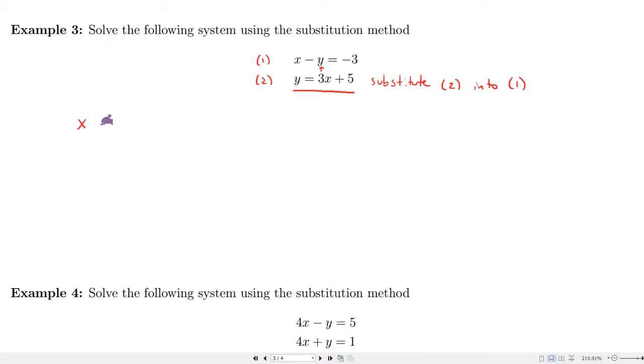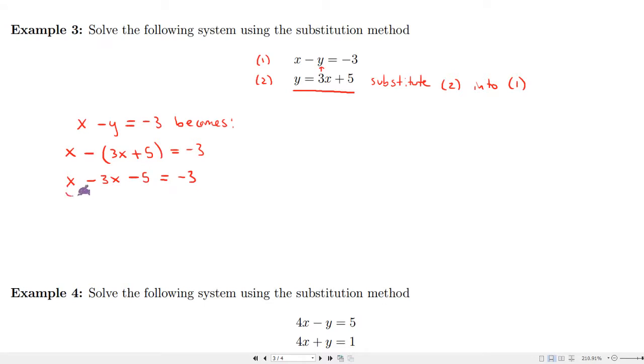We'd have x minus y equals negative 3 becomes the following. It becomes x minus y is equal to 3x plus 5 in the second equation, so we just replace that. And now distribute the negative. So that becomes negative 3x and negative 5.